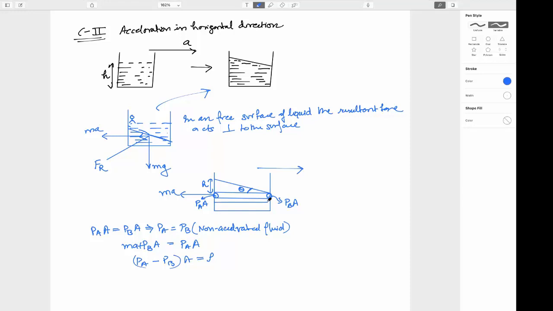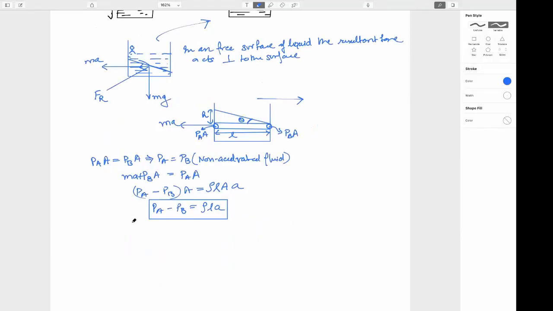Let's say this is L, this is H. So mass is rho into volume, which is L times A, the area of this. So rho L A into a. So PA minus PB comes out to be rho L a.